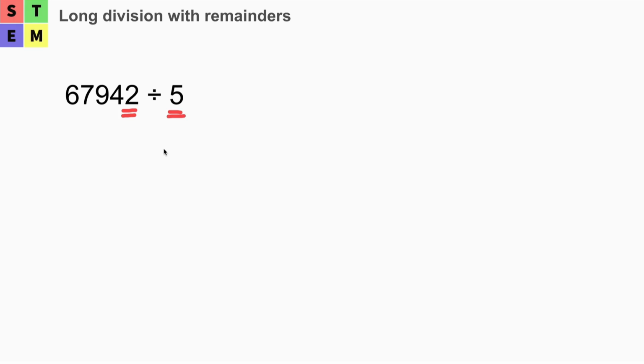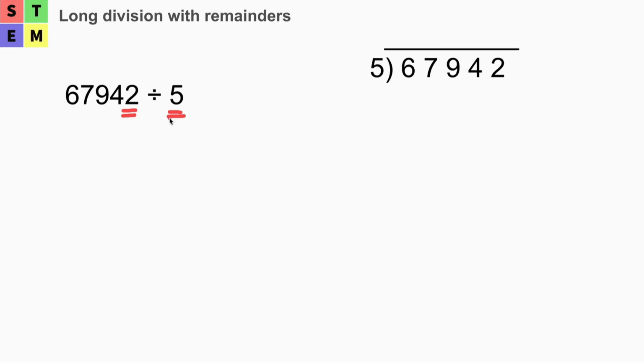If you do more practice, you would know that for a number divided by 5, if at one's place we don't have 5 or we don't have 0, there must be a remainder. Okay, so let's do the calculation to see if that's true.